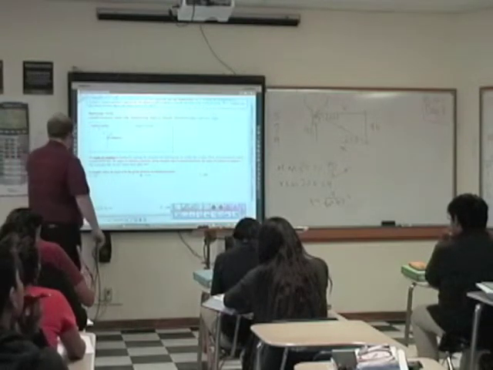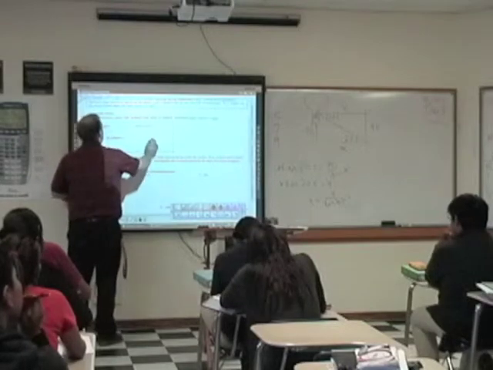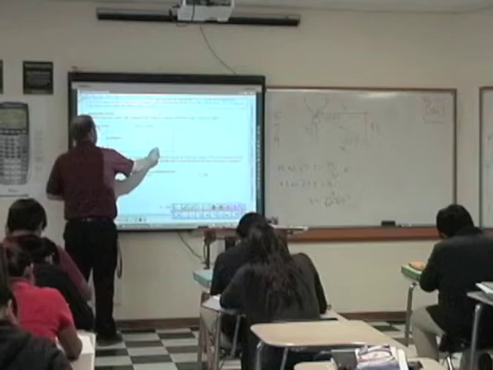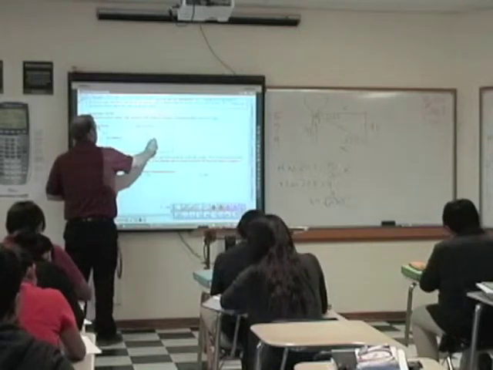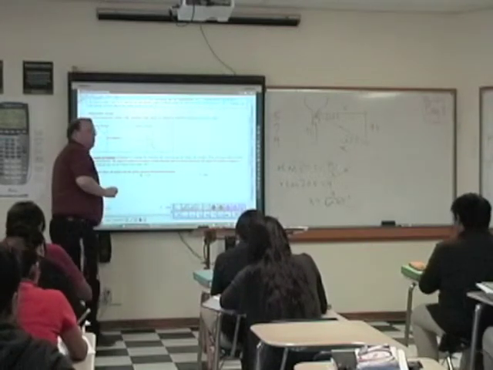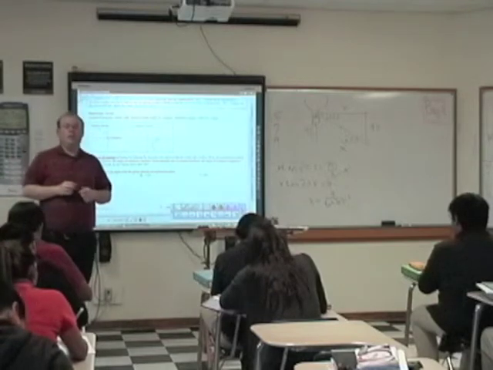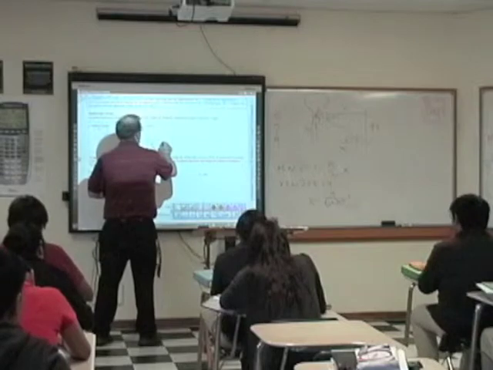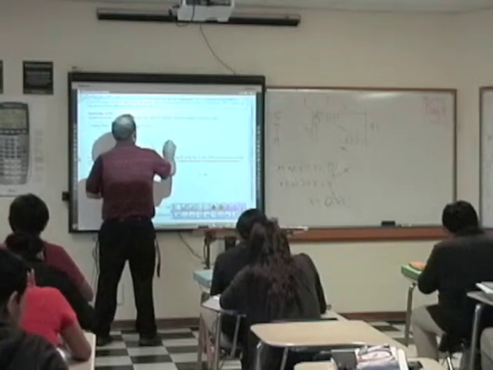Negative rotation is going to be very similar. But now, instead of going counterclockwise, we're going to go clockwise. And that will give us a negative rotation. Let's say that's negative 65 degrees.